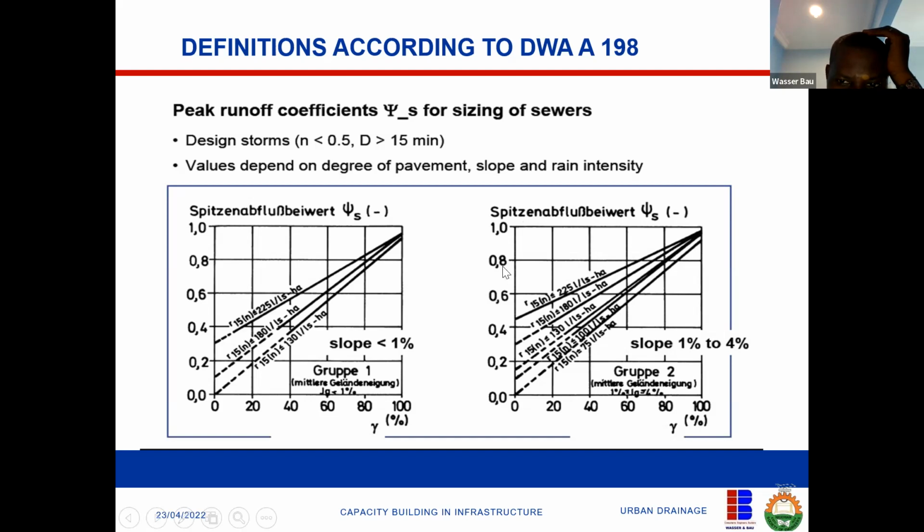But here, 80% is higher. Here the slope is 1 to 4, while here it is less than 1. So the idea is for you to know that there is an influence of slope on the runoff coefficient.